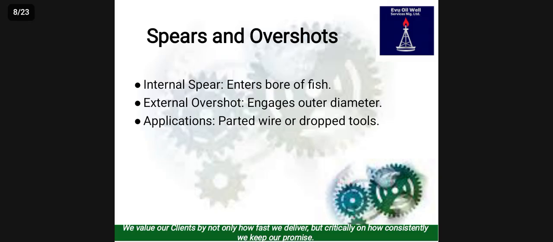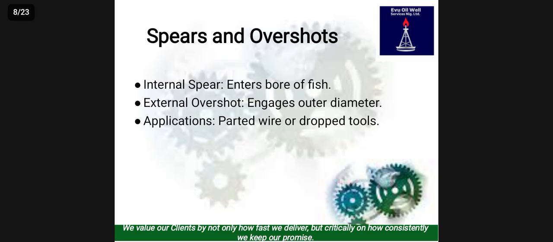Spear and overshot. When tools fall deeper than your patience, the internal spear goes inside the fish's bore. The external overshot hugs the fish from outside. You wear it on the fish.